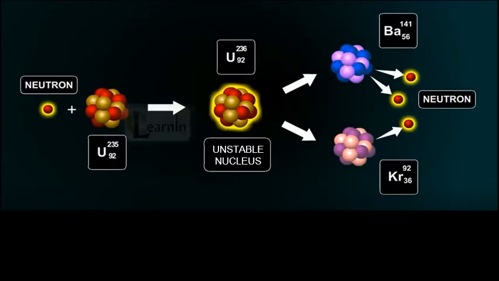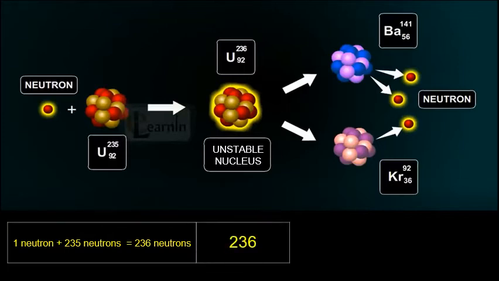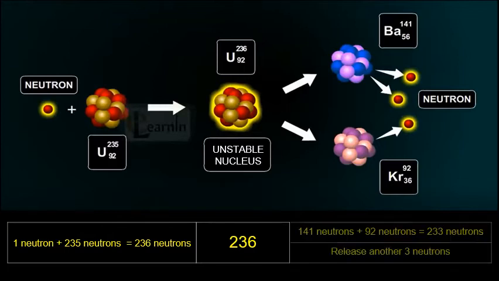Now, let's focus on the neutron. In the beginning of the process, 1 neutron plus 235 neutrons are equivalent to an unstable nucleus that has 236 neutrons. Then, when the unstable nucleus is splitting into two nuclei, it produces barium that has 141 neutrons, and krypton that has 92 neutrons.